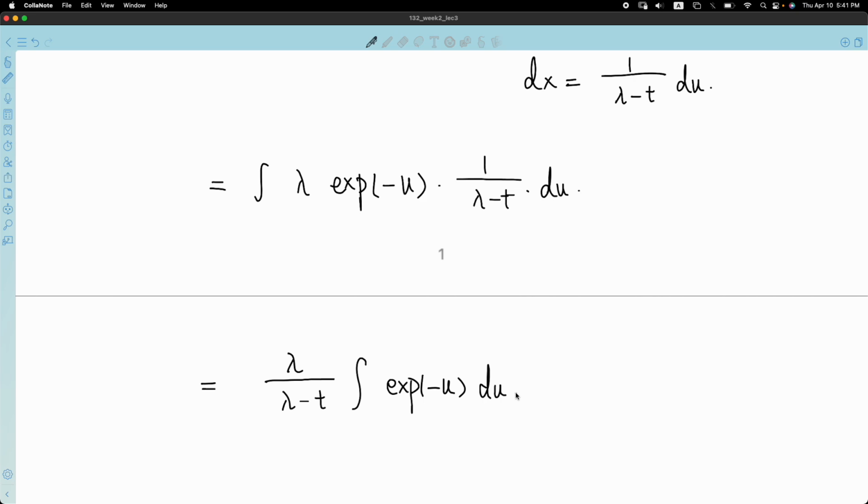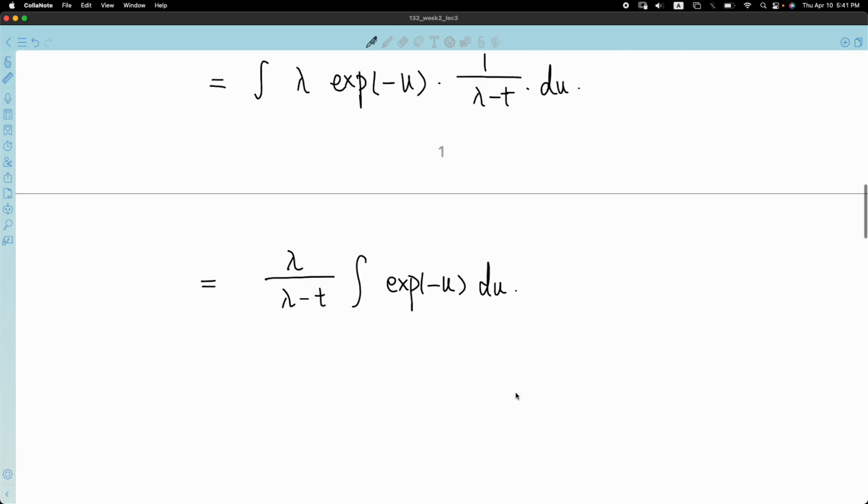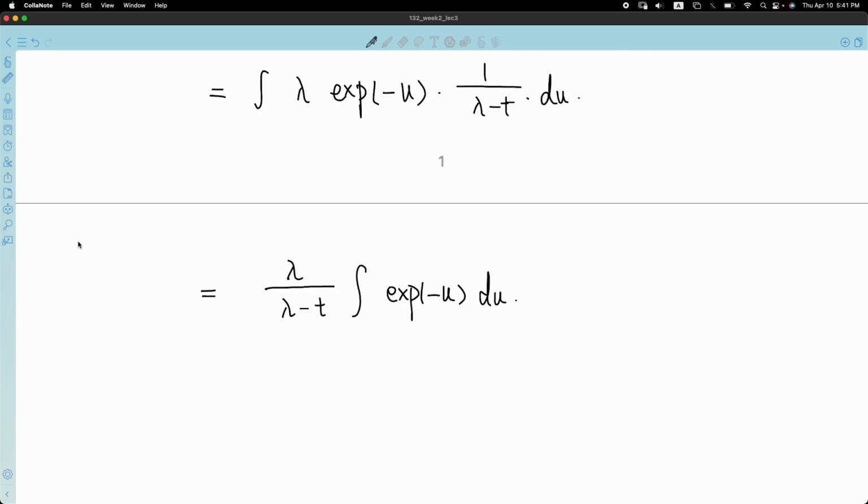Okay, so now what is the integral of the exponential of negative u? Negative u times the exponential of negative u. Can you say that again?